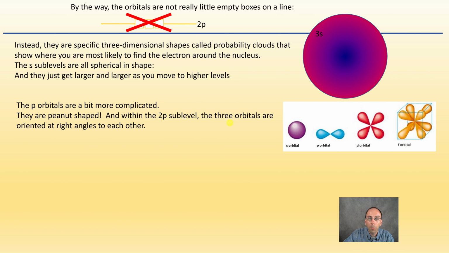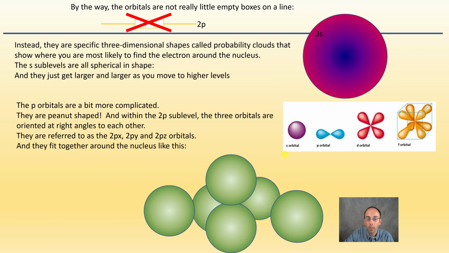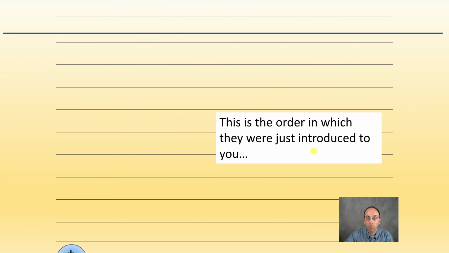Within the 2p sublevel, there are three orbitals oriented at right angles to one another. They're referred to as 2px, 2py, and 2pz, representing those three planes in three-dimensional space. They all fit together around the nucleus. It's a little harder to show on the diagrams here.